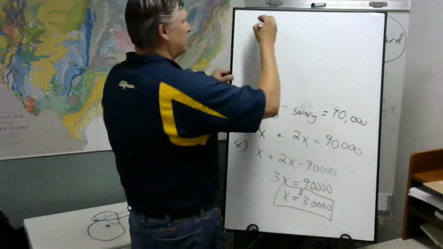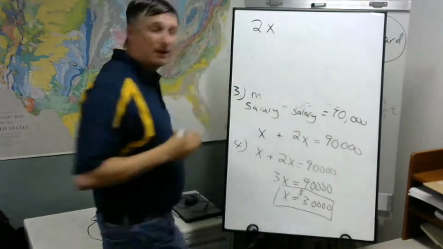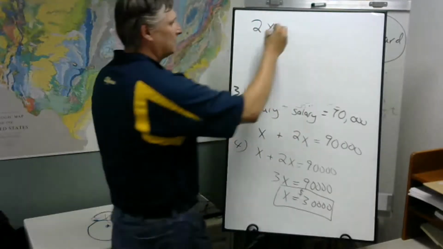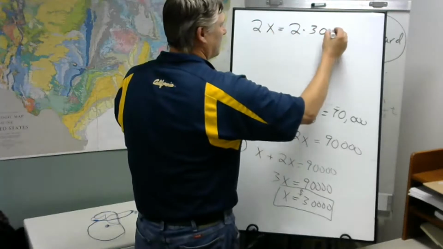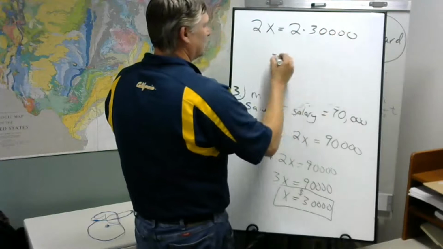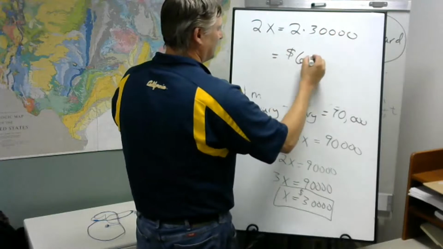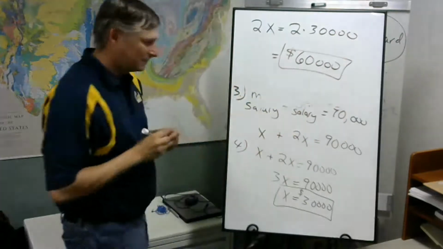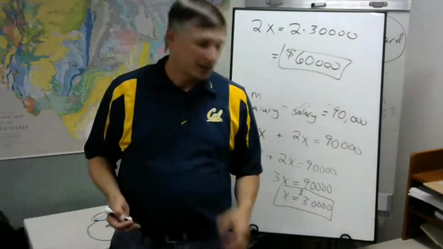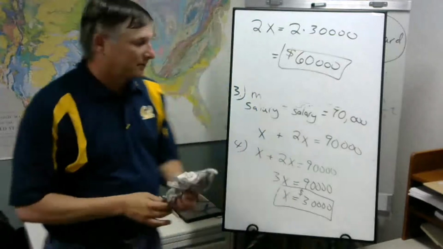Now your salary is 2 times x, or 2 times 30,000, and that's $60,000. So we found the two salaries. Now let's check this.